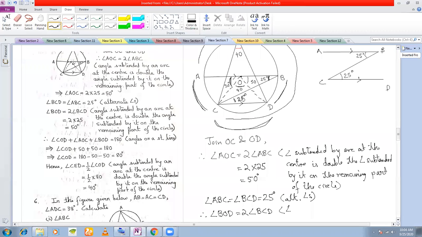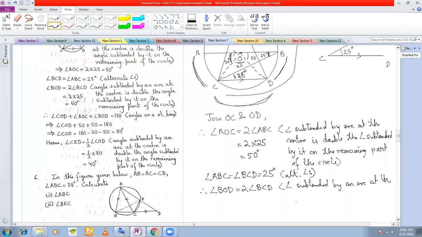Again, same reason, angle subtended by an arc at the center is double the angle subtended by it on the remaining part of the circle.